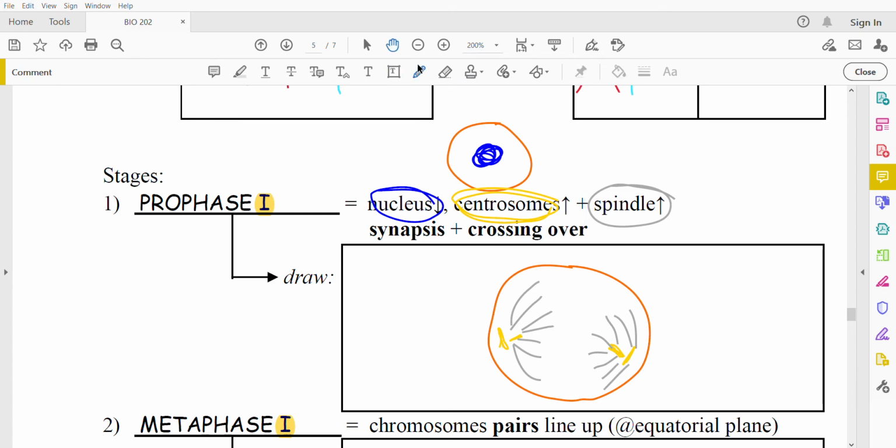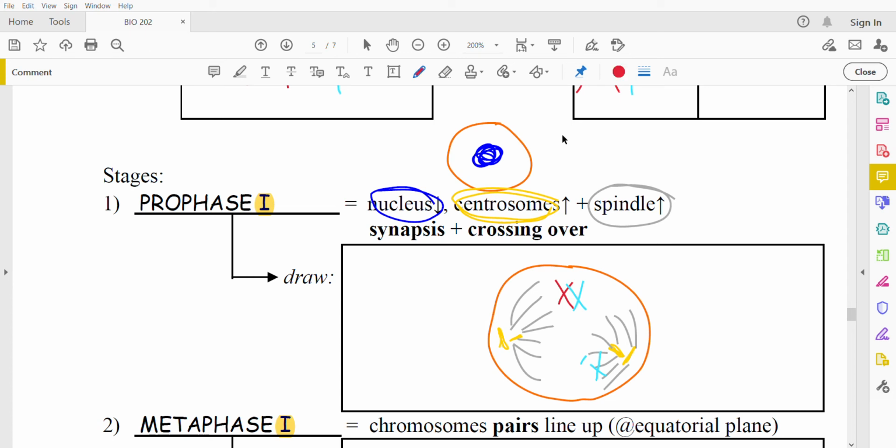In addition to that, during prophase 1 of our meiosis, something else happens. These chromosomes that are within the cell, they form synapses. And there's also some crossing over happening. So little bits of DNA get exchanged between the chromosomes.